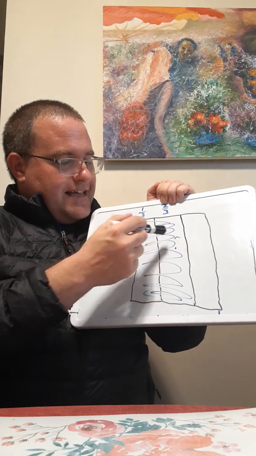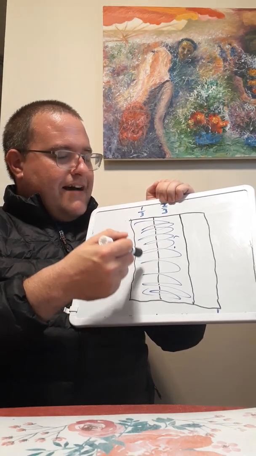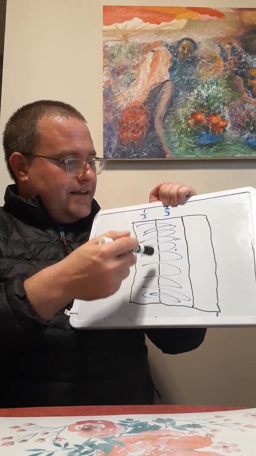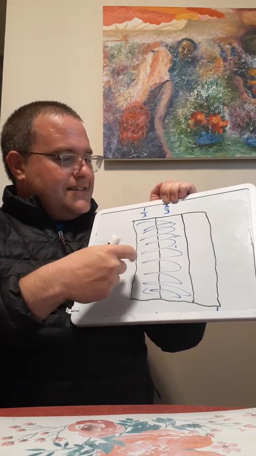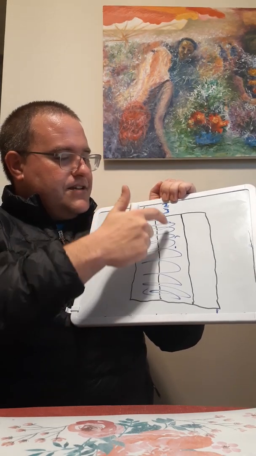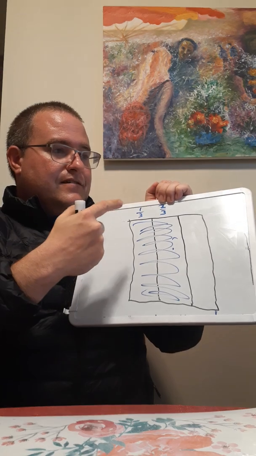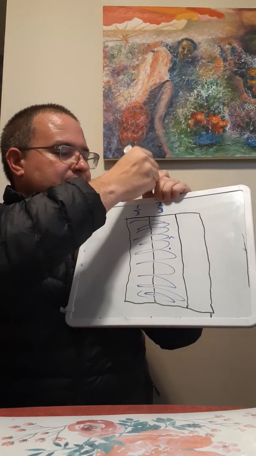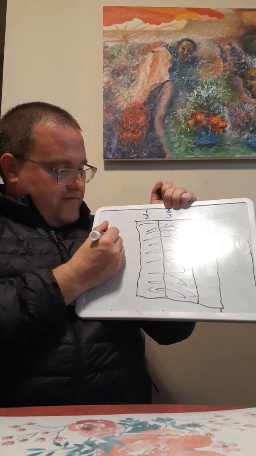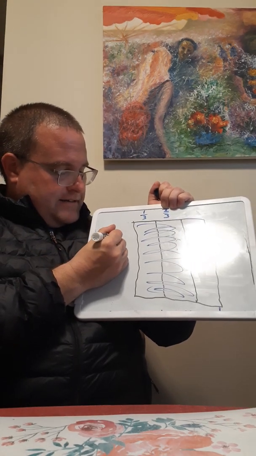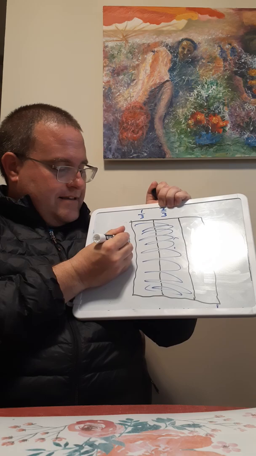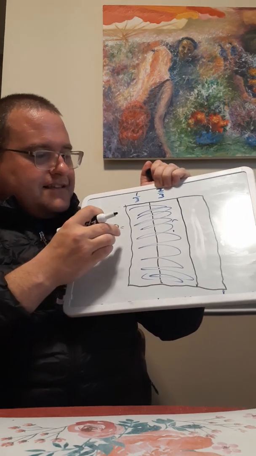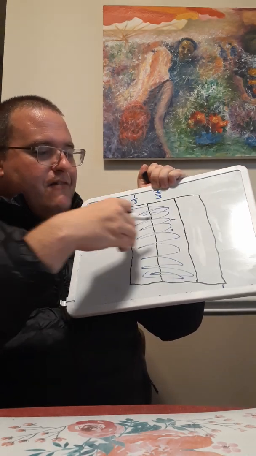Now, to make 6, think about how many times this number 2, the 2 pieces, goes into 6? In other words, you got to think of what's 6 divided by 2. And that's going to tell us how many rows we need.